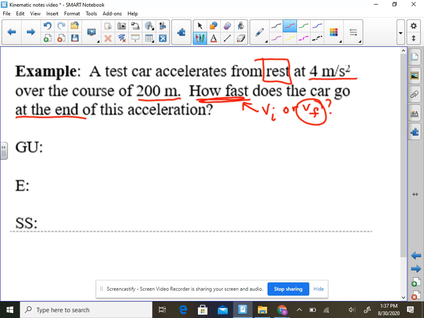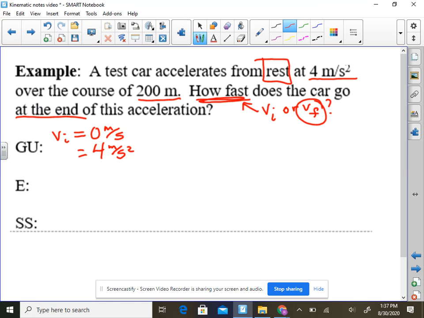So our numbers that we know, a car accelerates from rest. The number given here is our initial velocity. If you're accelerating from rest, it means you're initially at a velocity of 0 meters per second. Now the next number, 4 meters per second squared.